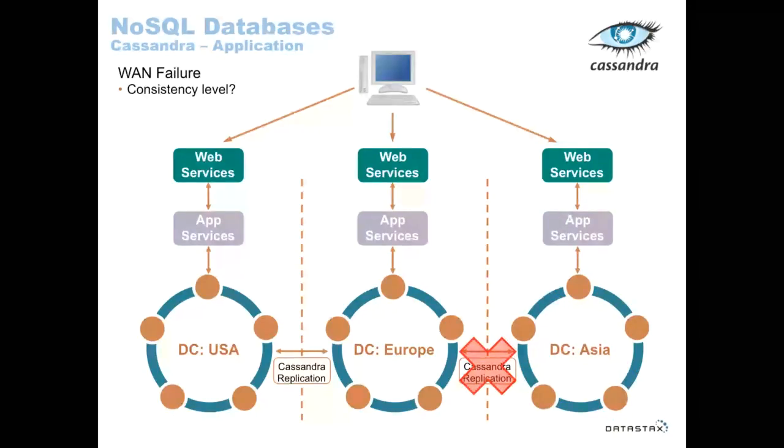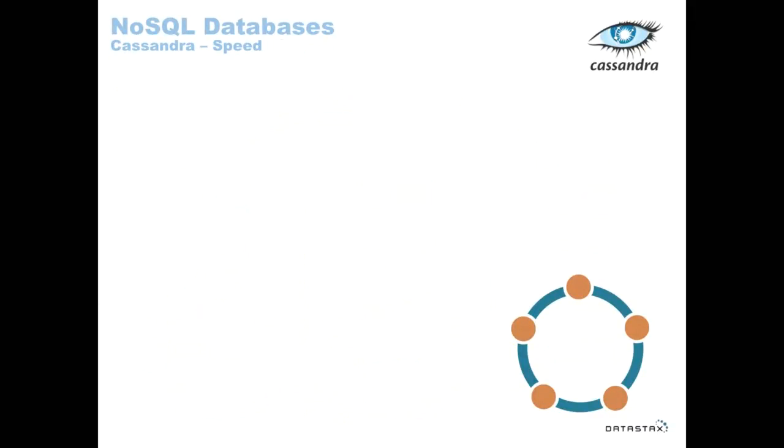And if you lose your wide area network between a couple of data centers, then the consistency level could be affected in such a way that it's going to take longer for your system to become consistent.